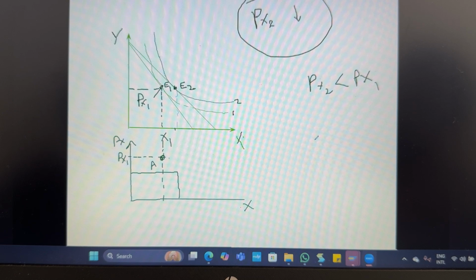So then mark those Px2 and x2. Correct. Okay. Mark this point as B.